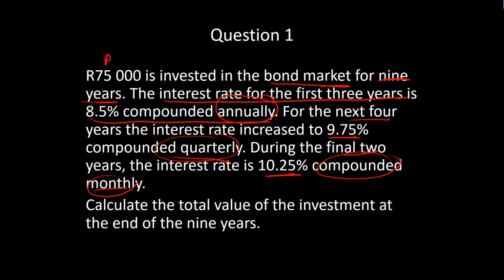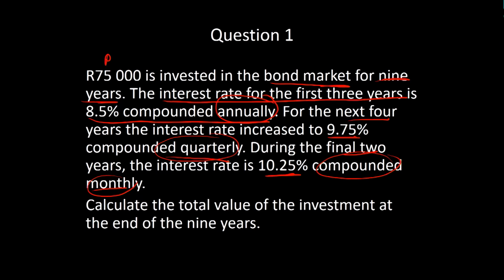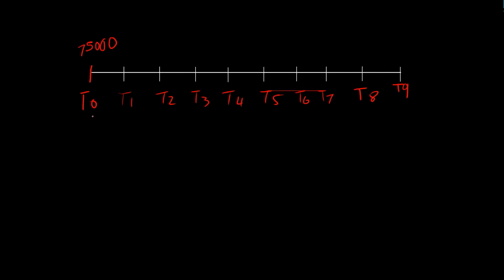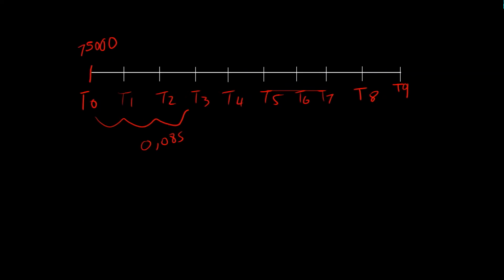So the first 3 years, we see that our interest rate is 8.5% compounded annually. So for the first 3 years, we've got compounding annually. So here we've got 0.085. And then for the next 4 years, the interest rate is increased to 9.75% compounded quarterly.